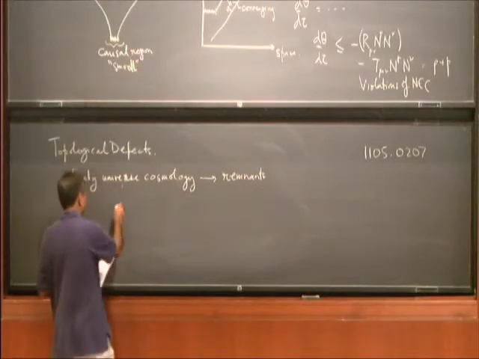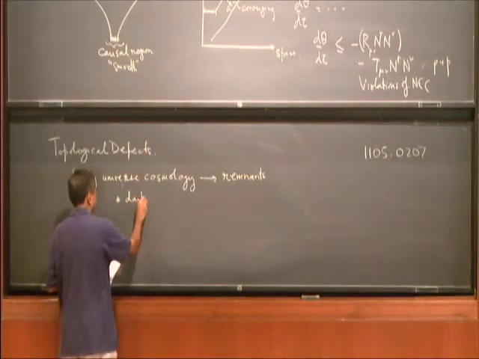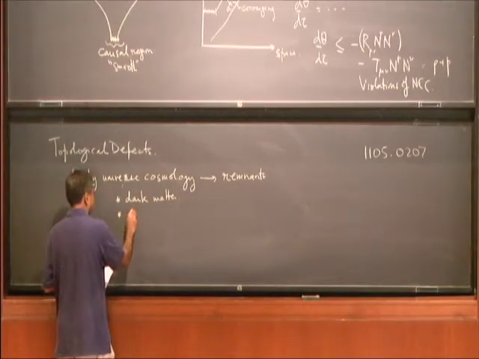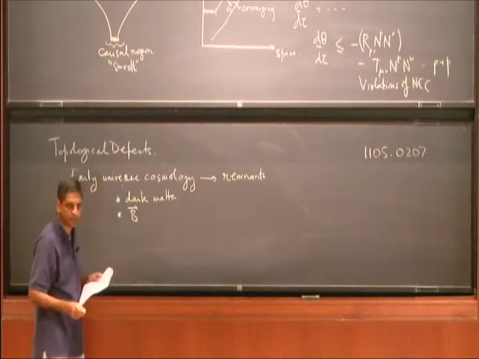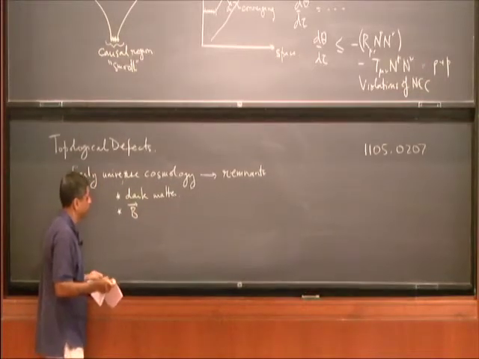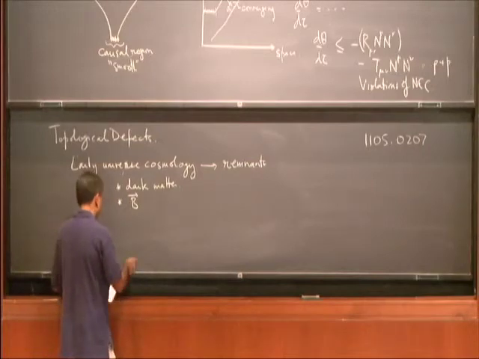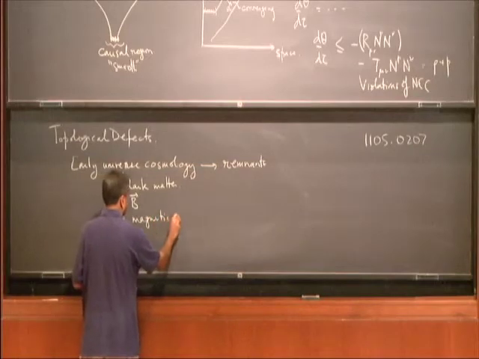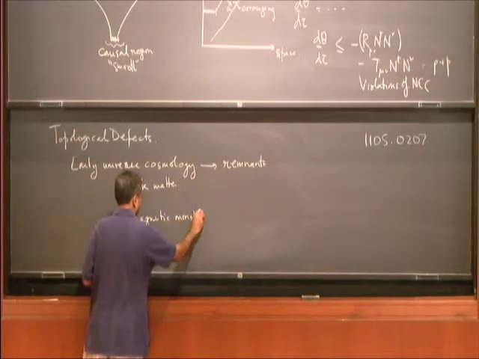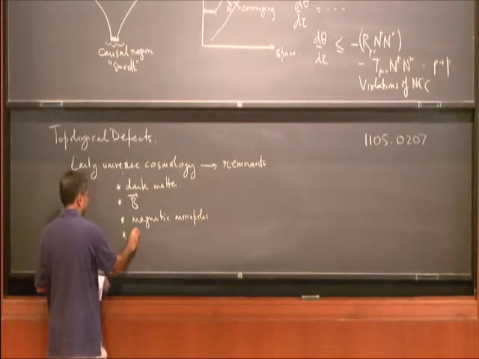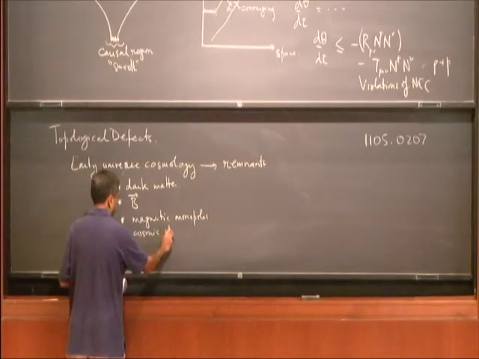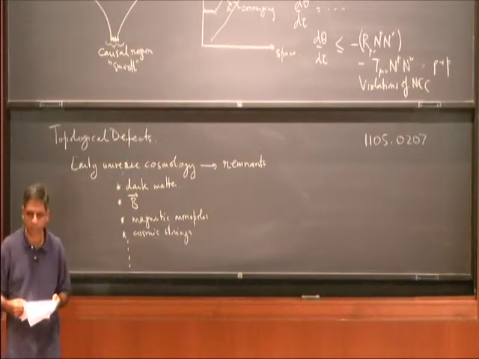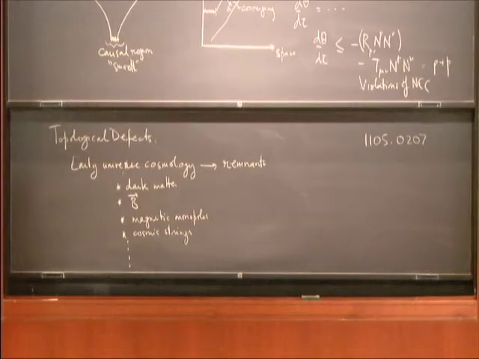So you have lots of examples. There's dark matter. There can be magnetic fields. And then there are magnetic monopoles. Cosmic strings. And there can be many other things, but these are some of the popular remnants.